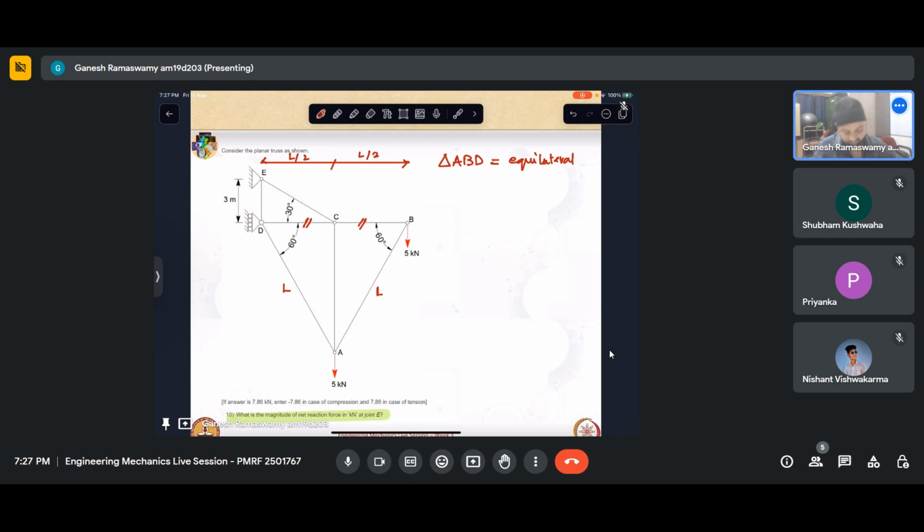Okay, if DC is L by 2, from triangle EDC. Essentially this triangle, if I know this to be L by 2, can I calculate this? Because this angle is given. So I have tan 30 is ED by L by 2, or ED is L by 2 tan 30.